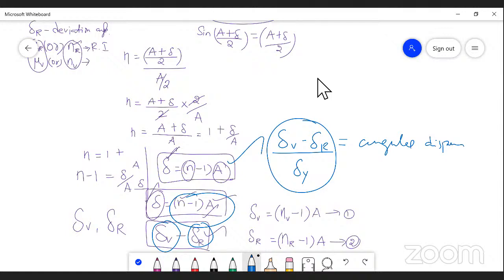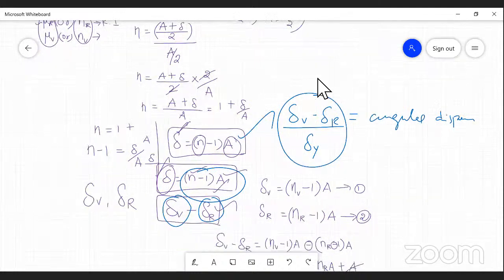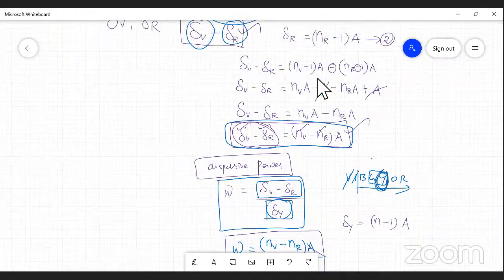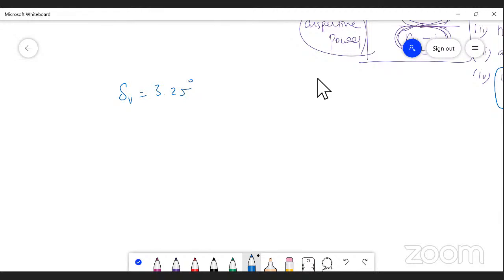I give you some problems. Anyone say the answer? Very easy one. Del V is equal to 3.25 degree and del R is equal to 3.15 degree. What is the angular dispersion? What's the formula?